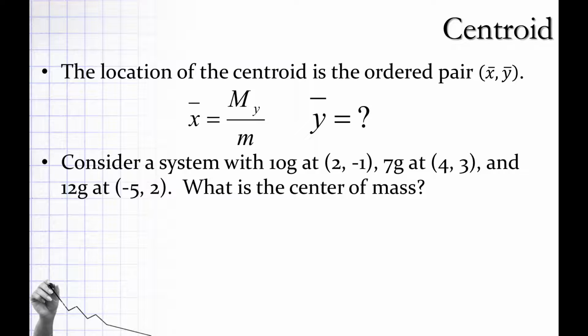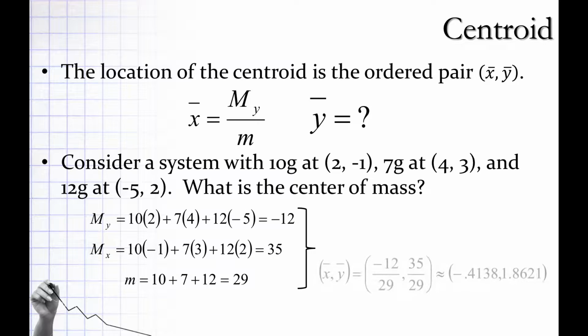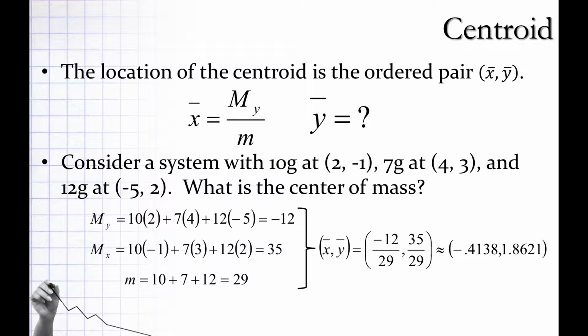Plus, our 7 gram coordinate is 3 units from the x-axis, and our 12 gram coordinate is 2 units from the x-axis. So 35/29 would be that one. So your coordinate would be (-12/29, 35/29).